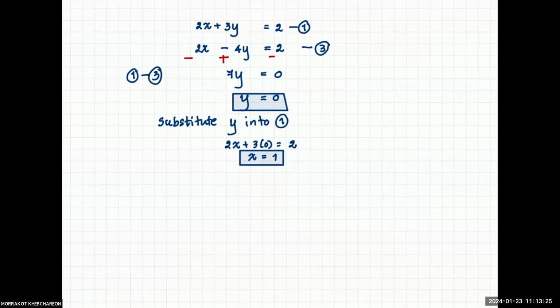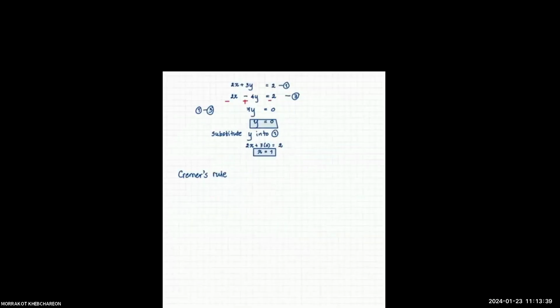The second method that I think I taught you is called Cramer's rule. I have 2 equations.